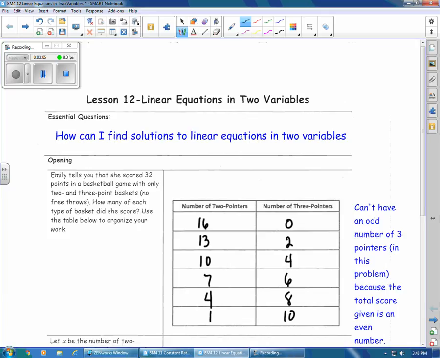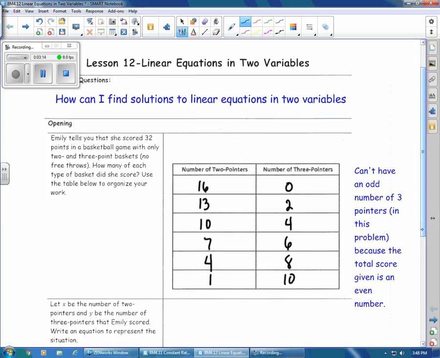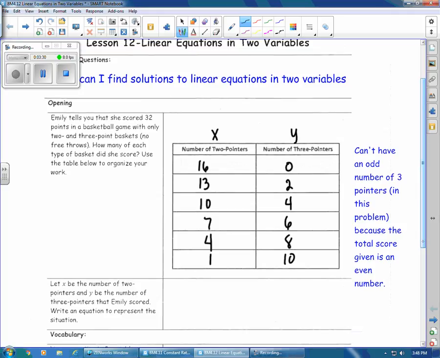Again, I knew she couldn't have an odd number of 3-pointers because that would give me an odd total at the end. So I just went up by even numbers of 3-pointers and was able to back into the number of 2-pointers she had. Looking at this as having two variables, two things that I did not know, I kind of made it up as I was going, a guess and check, filling that out.